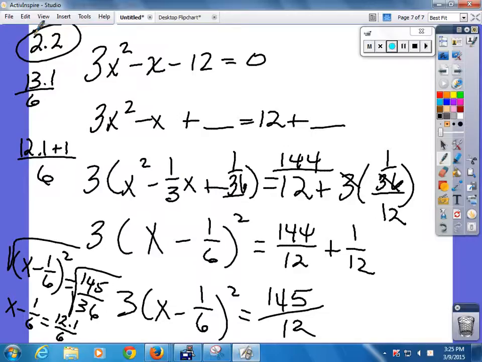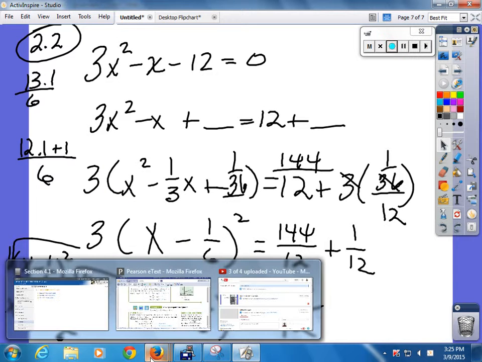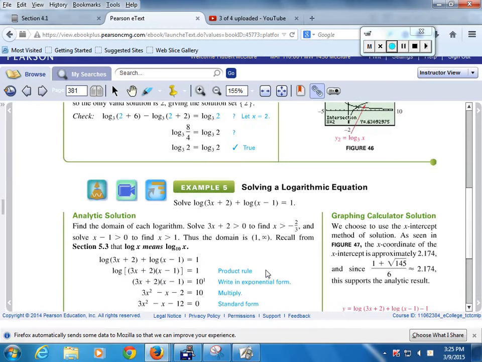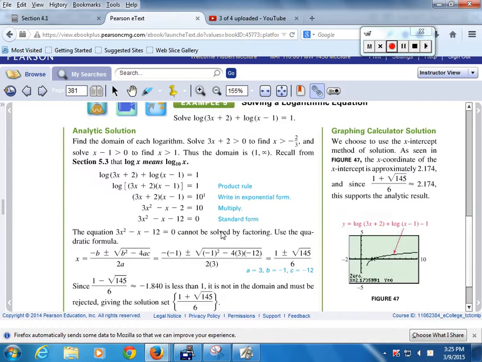Did y'all look? Have we done that one before? I didn't see it. I swear we've done it. You talking about the problem? The problem, 3x squared minus x minus 12 is equal to 0. I have not done it. Y'all can see how crazy I am and see if I'm crazy or not. Let's see what they got. Is that the one we just did? Yeah.